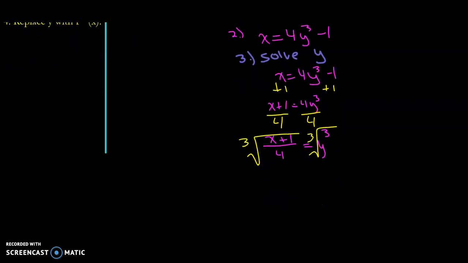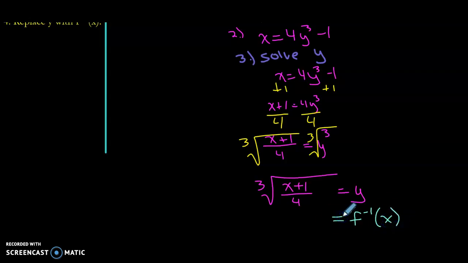So now we have the cube root of x plus 1 all over 4 is equal to y. Then we replace y with the inverse notation. And that's our inverse function.